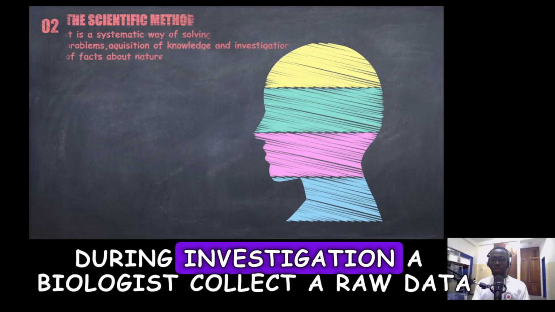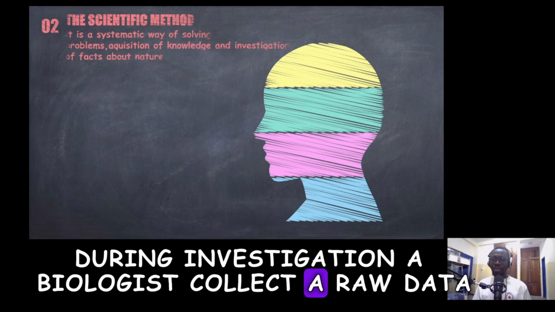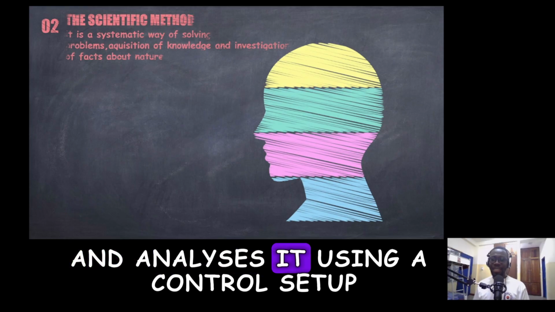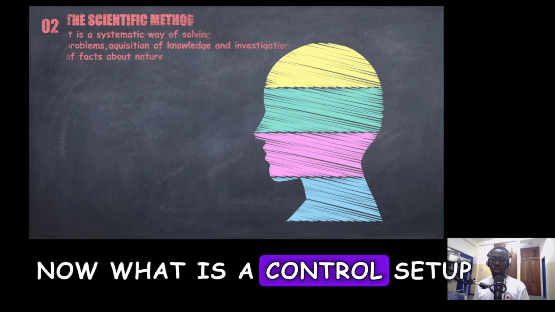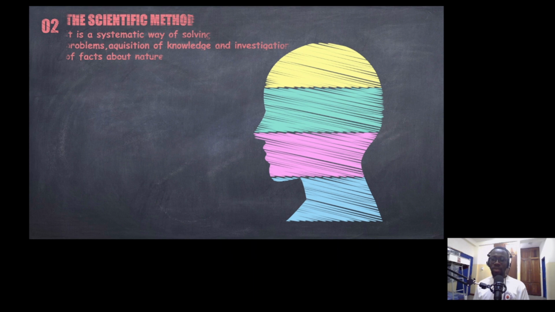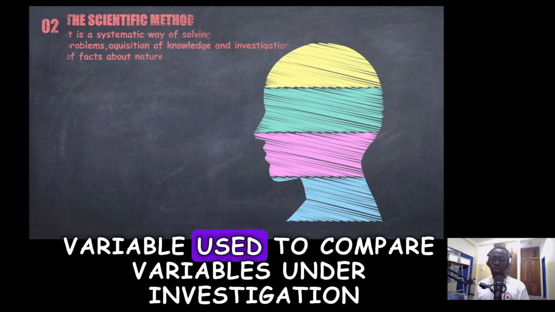During investigation, a biologist collects raw data, which is perhaps called information, and analyzes it using a control setup. Now, what is a control setup? A control setup is a standard variable used to compare variables under investigation.